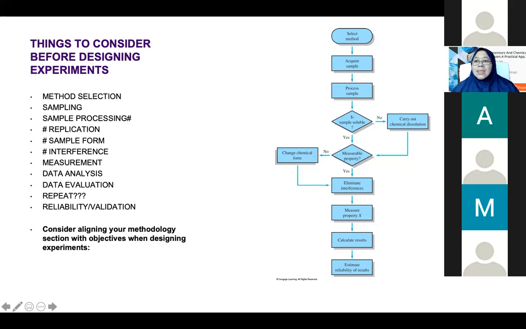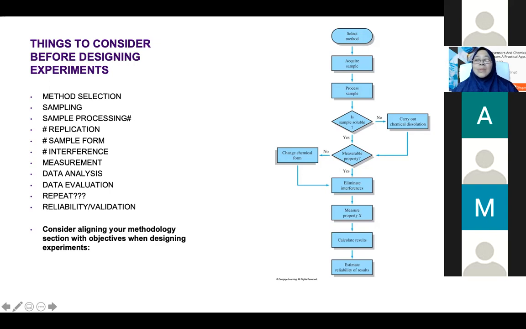The other one is sampling. How do you plan to do the sampling? When I say sampling, it doesn't only mean that you take food samples or water samples. Those are samples as well. But let's say I'm using natural products, and you have extracts from the plants, and you are sending them to NMR or GCMS, for example.